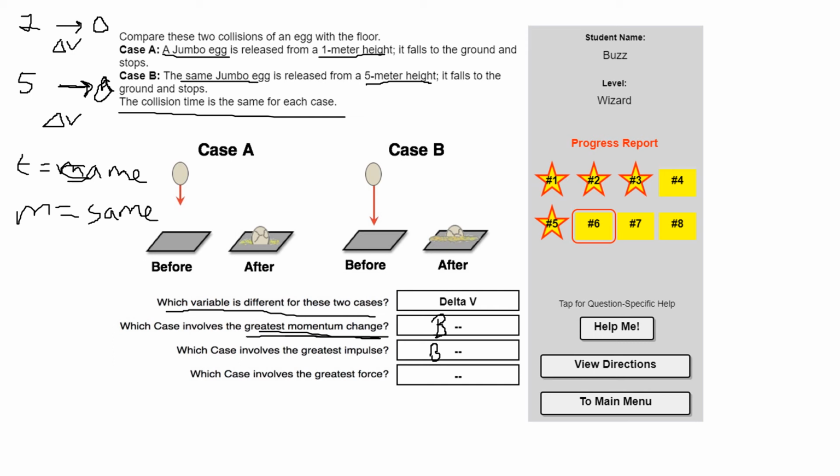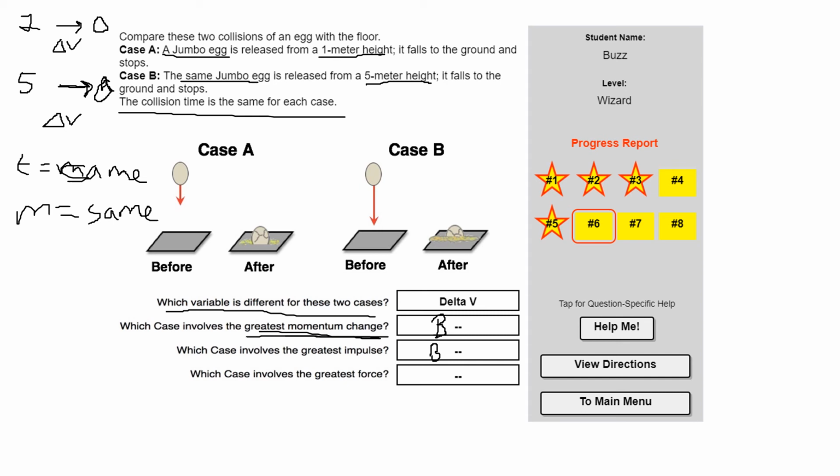Okay, well, let's think about it. If they are falling at the same time, I know your gut reaction is to say then they'll have the same force. And I understand why, but you could only say that if the momentum is the same.